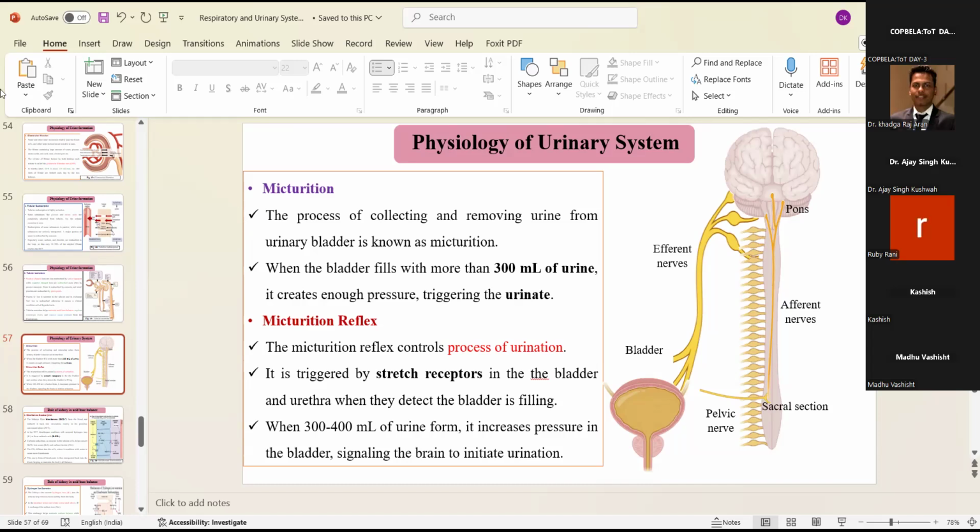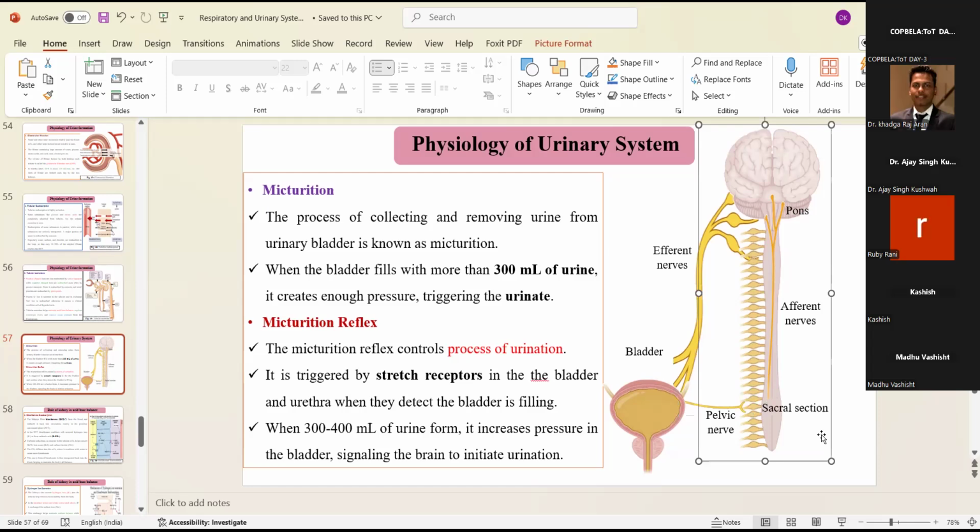So here you can see in the diagram, the urinary bladder is filled with around 300 ml of urine, and it sends this signal to the sacral section of the spinal cord through the pelvic nerve, because the bladder has stretch receptors that give this signal to the pelvic nerve in the sacral section of the spinal cord.